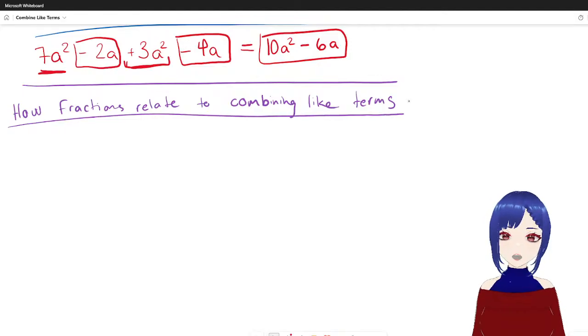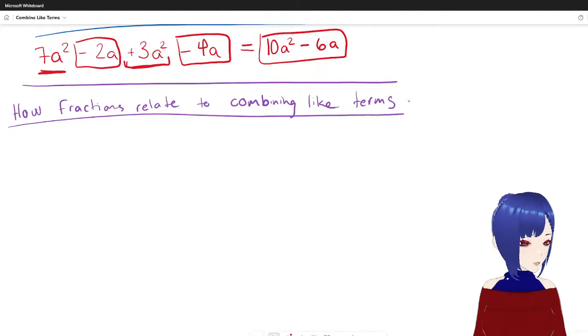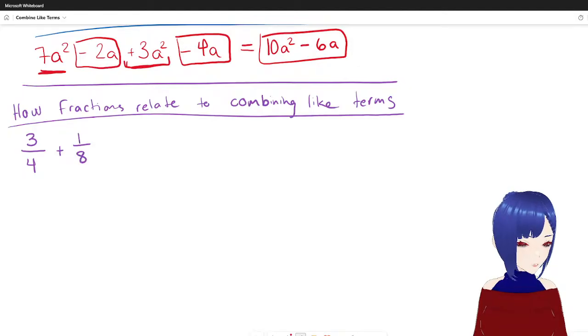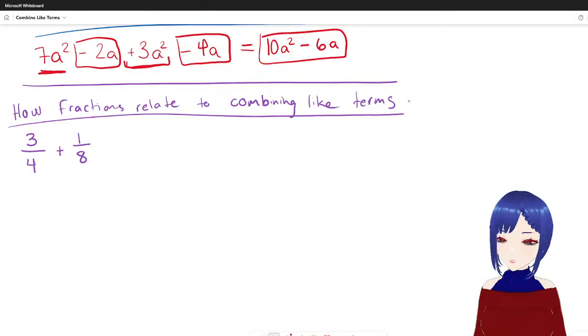So when you have fractions, you've been taught in the past that in order to add two fractions together, so let's use 3 over 4 plus 1 over 8. In order to combine fractions, they need to have the same thing at the bottom.